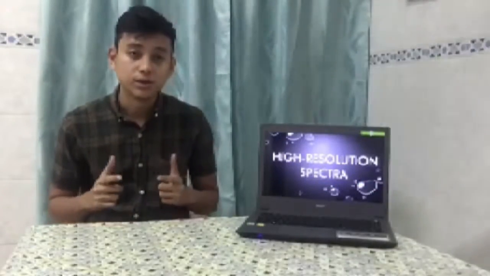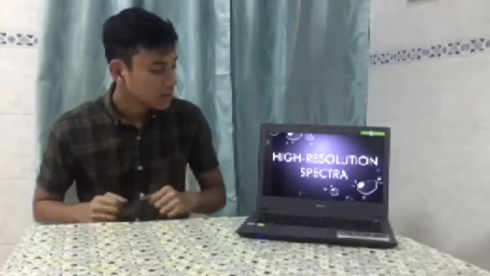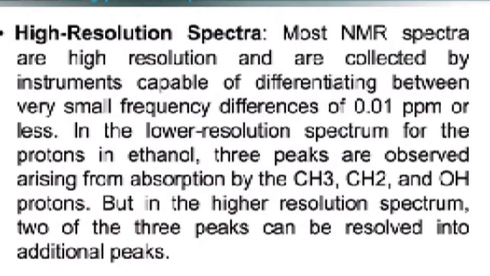Let me go with the second type of NMR spectra. The second type is the high resolution spectra. Most NMR spectra are high resolution, and they are collected by instruments capable of distinguishing between very small frequency differences of 0.01 ppm or less.